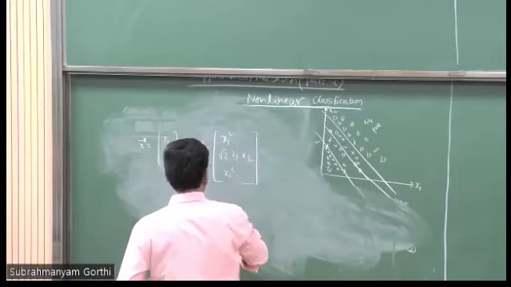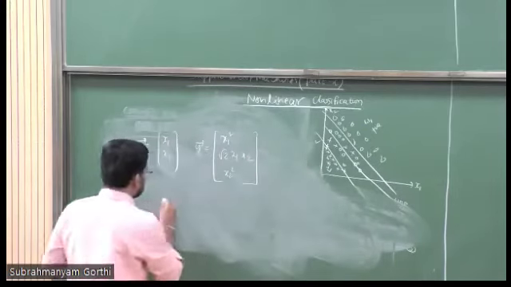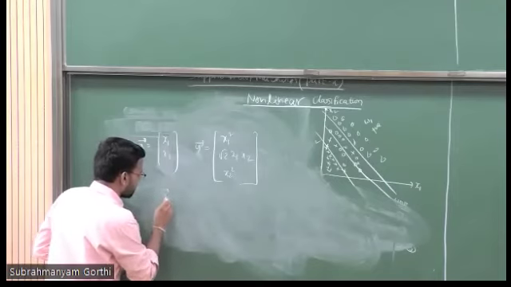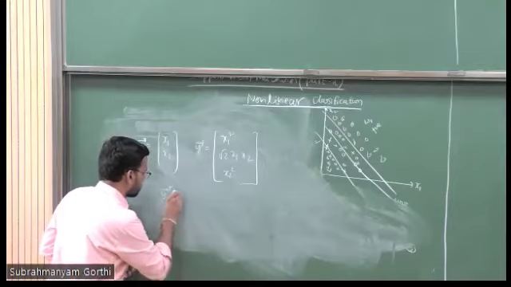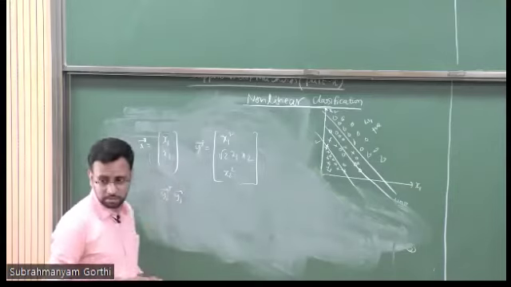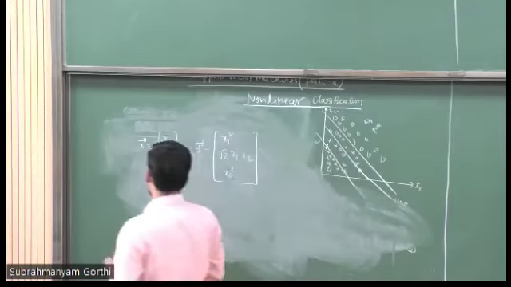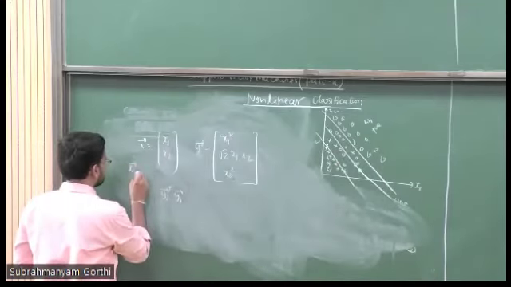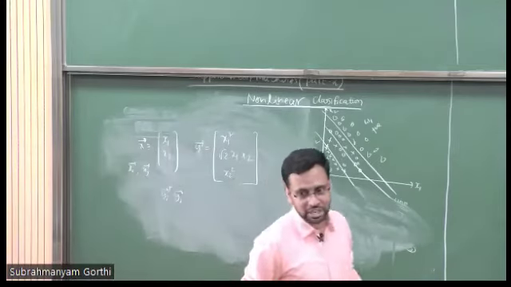Now, I want to do, let's say, yi bar transpose into yj bar. That means I have this feature vector. I have xi bar and xj bar here. I plotted all these xi bar and xj bars.